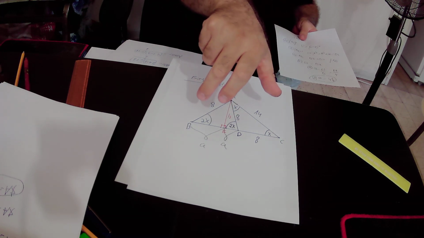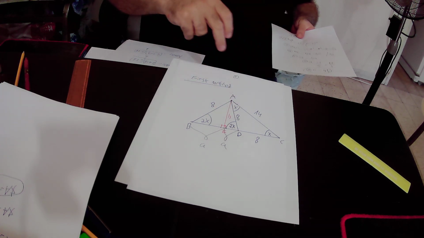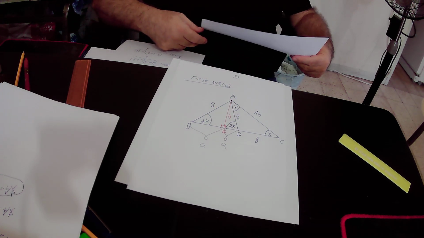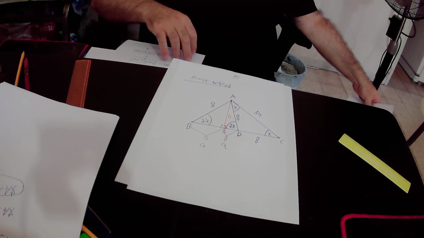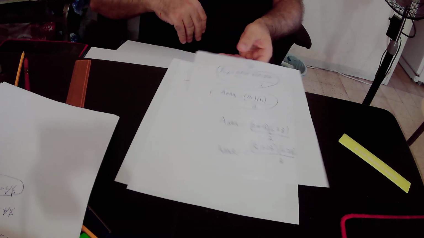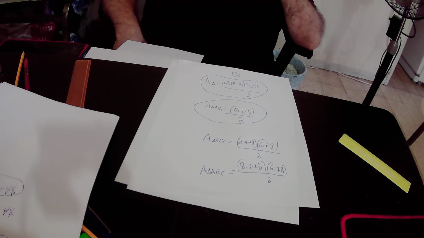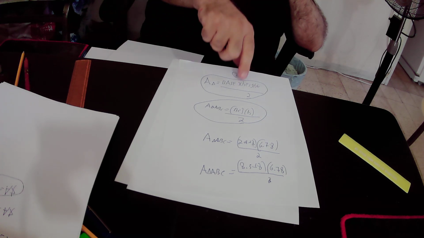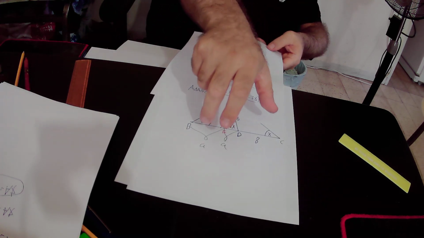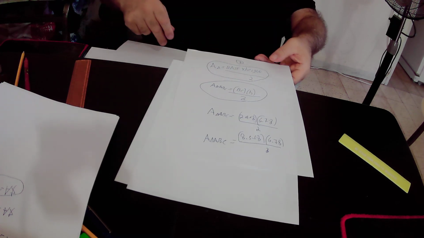So the area of triangle ABC equals BC times the height AE over 2. Okay? Again, the area of any triangle equals the base of the triangle times the height over 2. So the area of triangle ABC equals the base of the triangle, that is BC, times the height to the base, that is H, over 2.